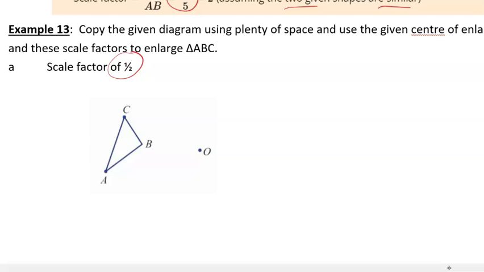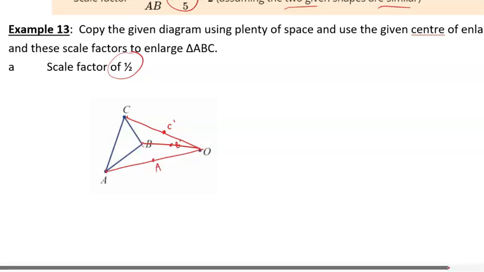So I'm going to try my very best to line up and draw a line with a ruler, connecting each of these points to the center of enlargement. Here, at the halfway point is where I'm going to put my C prime. About there, there's my B prime. Now you'll be doing your very best to eyeball it, unless you've got measurements that can be split in half.